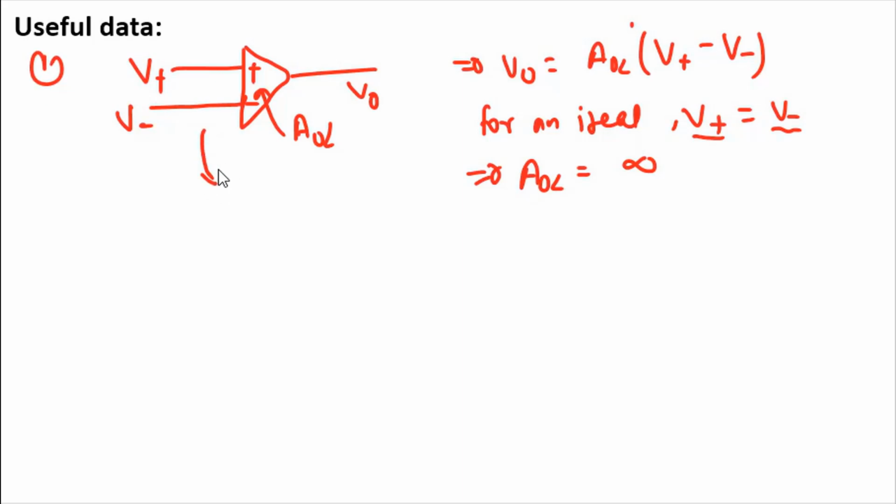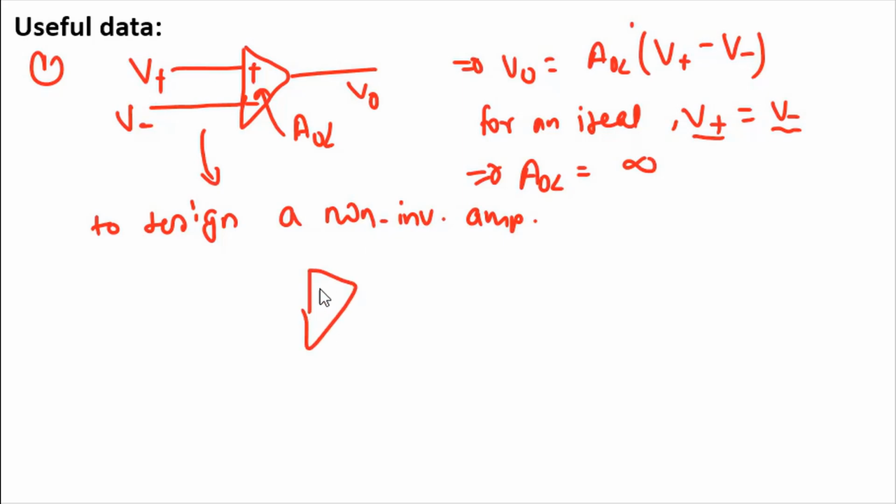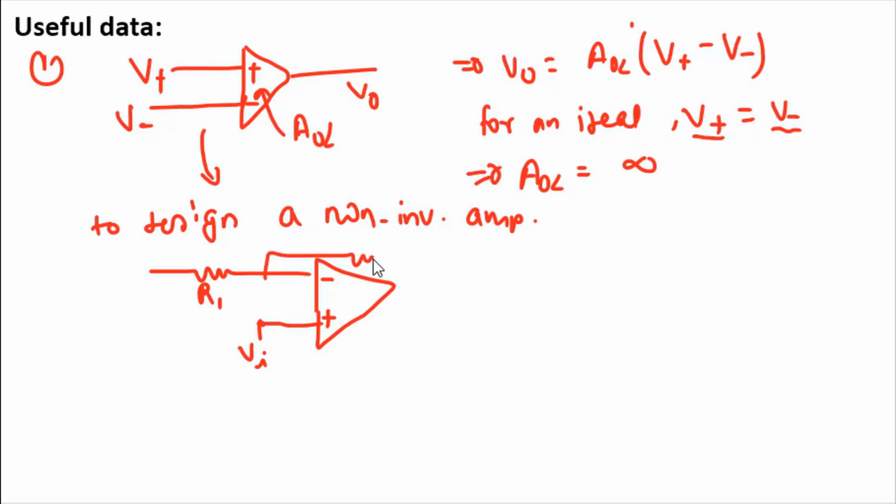Now, if you use this op-amp to design a non-inverting amplifier, which is shown in this figure, so this is your inverting terminal and this is your non-inverting terminal. You apply the voltage at the non-inverting terminal for a non-inverting amplifier, and this is your resistance R1, and this is your feedback resistance R2, and this is your output V0.